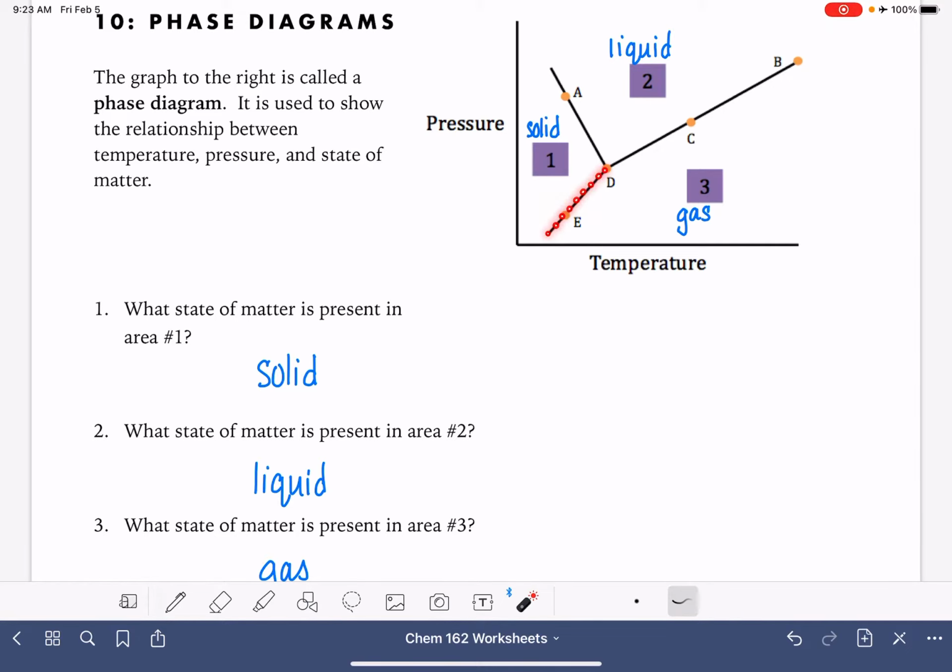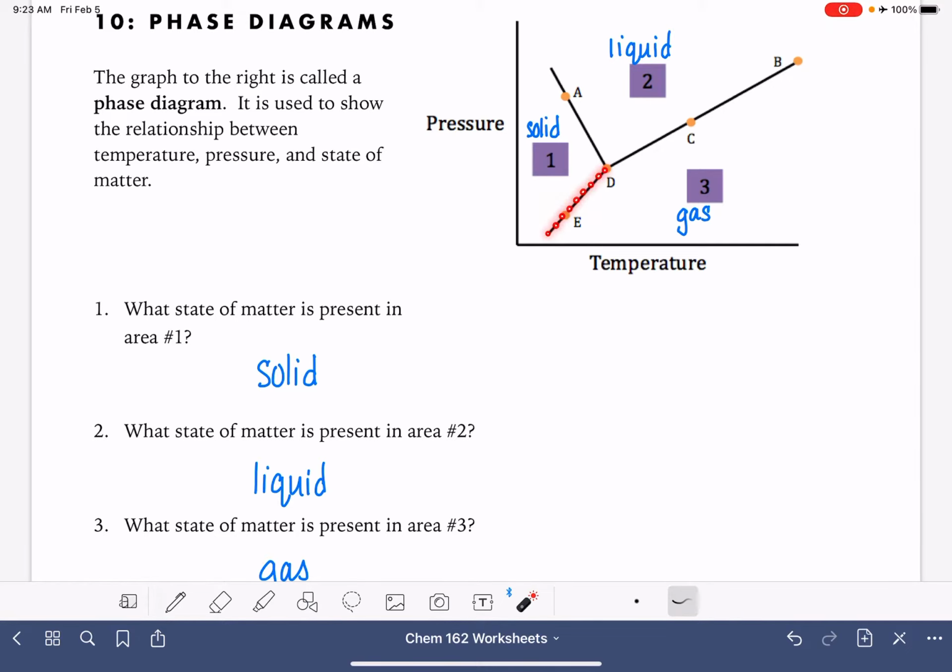So for example, point E represents one of the pressure temperature combinations where this substance can coexist as both a solid and a gas. Or point C represents an exact pressure temperature combination where this substance can coexist as both a liquid and a gas.